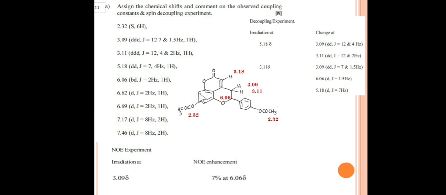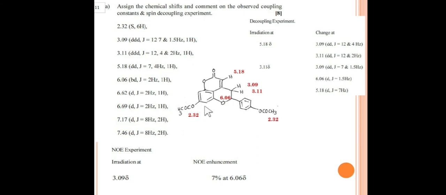Now only the signals from the benzene rings remain. So we have four signals, from this phenyl ring and this phenyl ring. You can see this is a meta coupling. For meta coupling, the coupling constant is 2 Hz, and for ortho coupling it is 8 Hz. That means these two signals are for this phenyl ring, and these two signals which are showing 2 Hz coupling constant will be for this ring.